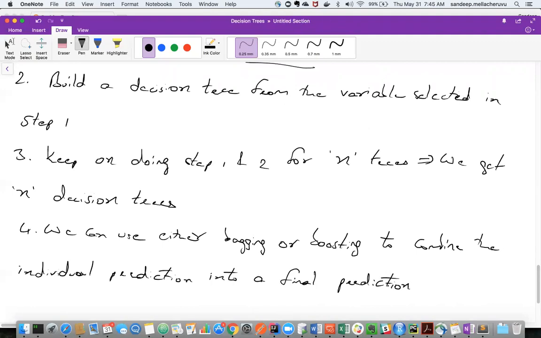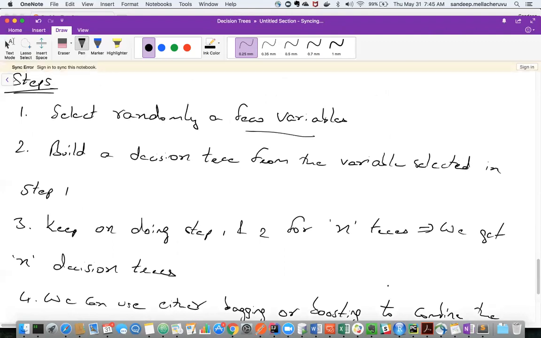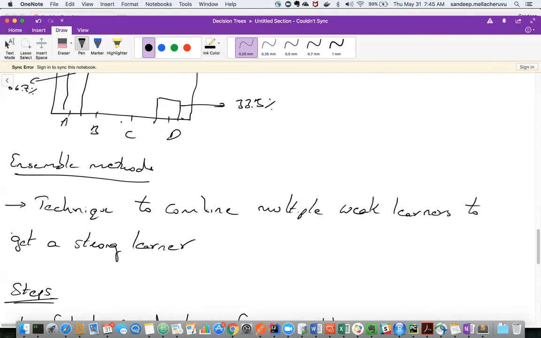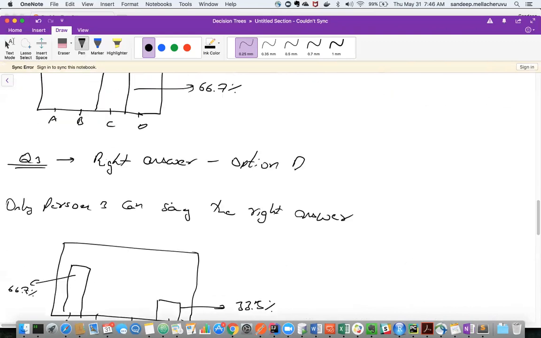Now what I have is multiple trees. Each tree is going to predict something. Now there are two techniques to finally do an ensemble model. The first technique is called bagging and is very popular. In bagging, it is similar to voting.